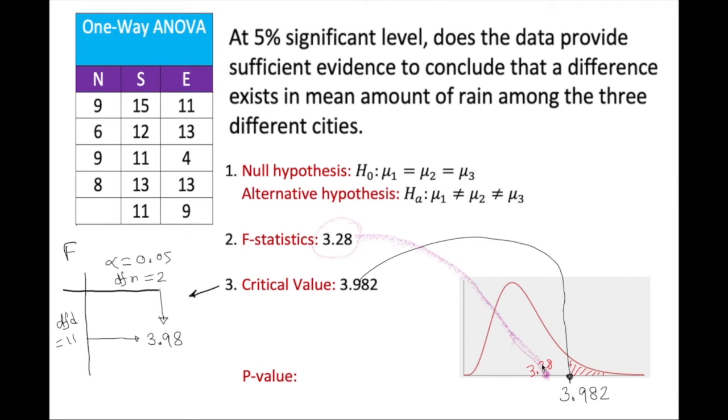Our test concludes that we fail to reject the null hypothesis. In other words, whatever the claim is, we go with that. So that's how we write it here: fail to reject the null hypothesis.